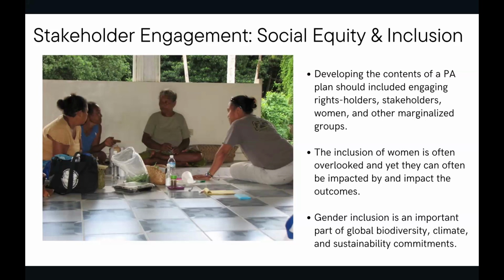Gender inclusion is also an important part of global biodiversity, climate, and sustainability commitments and targets that many of your countries, or I think all of your countries, have signed on to. So again, it's another important component.